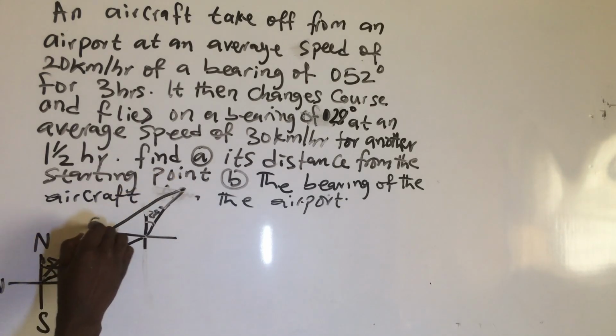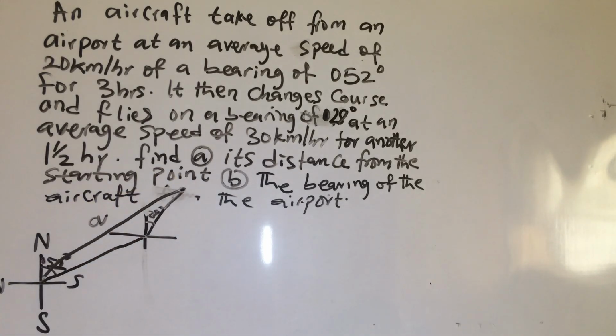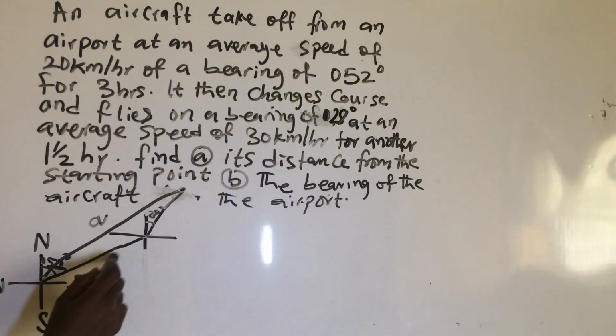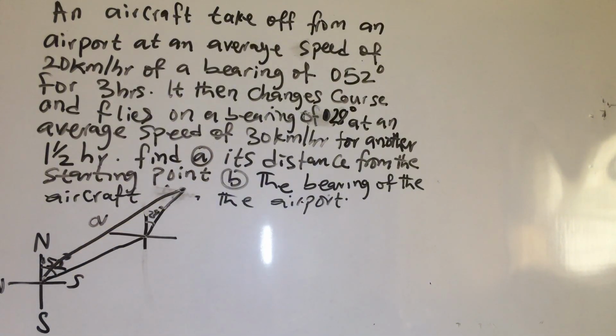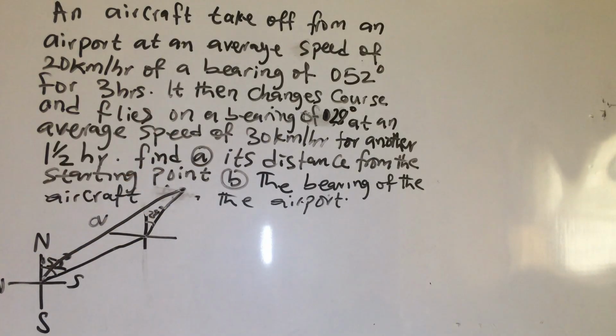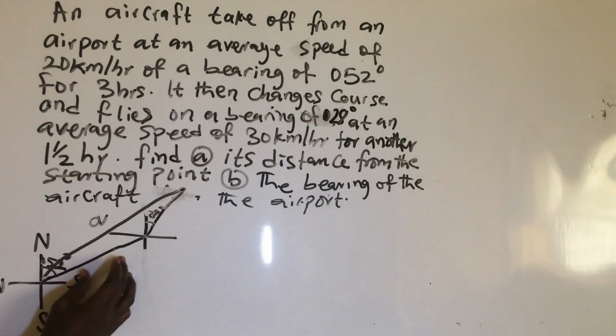So let's name it A. That is the distance we are looking for. But we cannot get this distance without finding the distance of the other places. We have to find the distance here and also here, and they have given us information to find them.